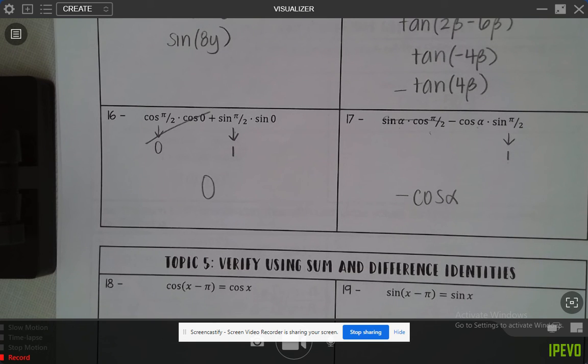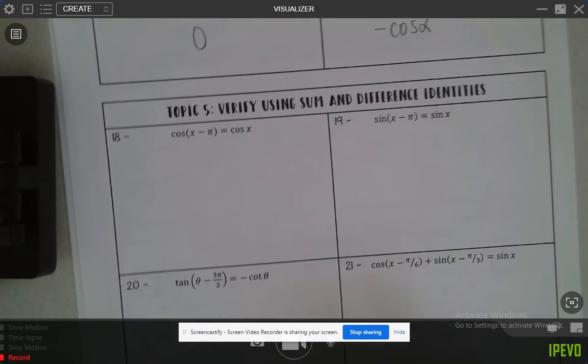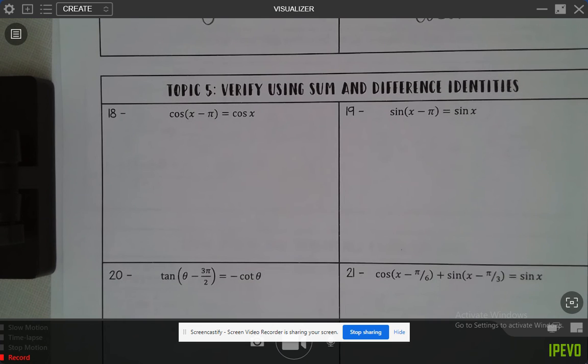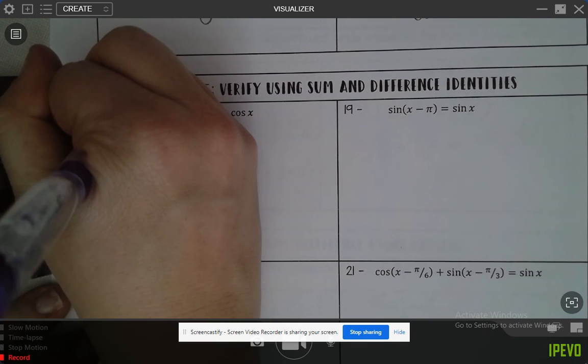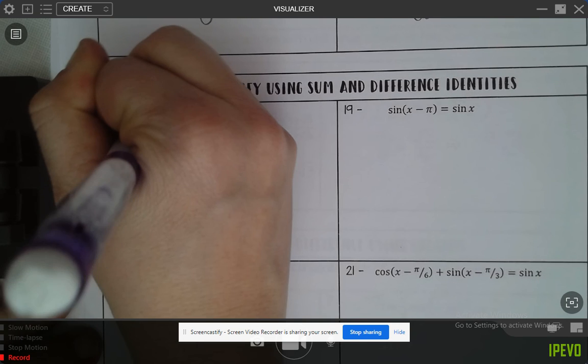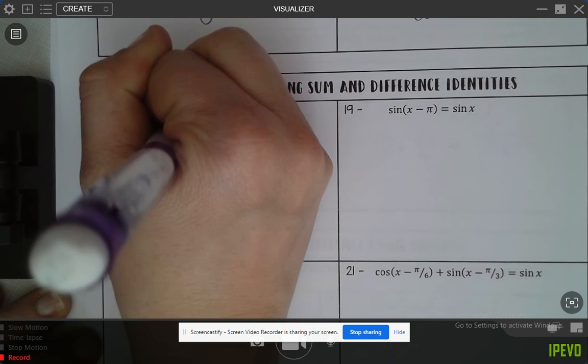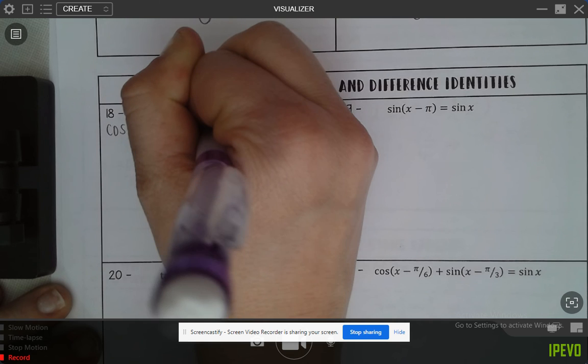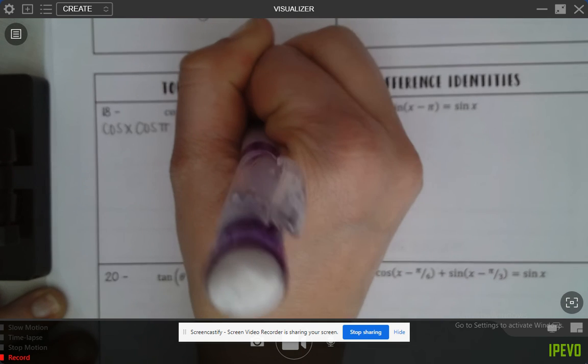Here we go. 18. Verifying. Sine, cosine, tangent. Cosine, some difference. So this is the cosine of x times the cosine of pi plus the sine of x times the sine of pi.